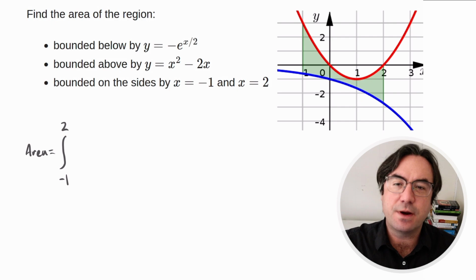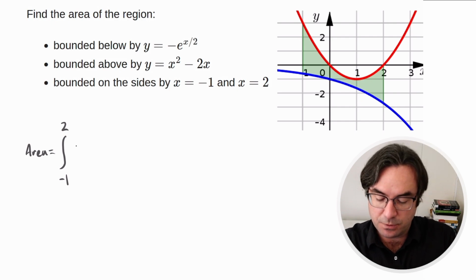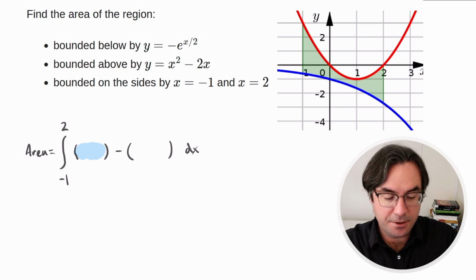And then we have to figure out which is our top function and which is our bottom function. So we'll have our top function that will fill in here, and our bottom function that will fill in here.